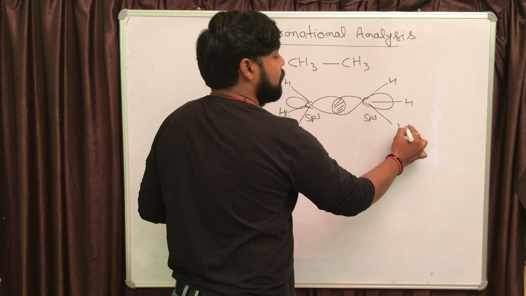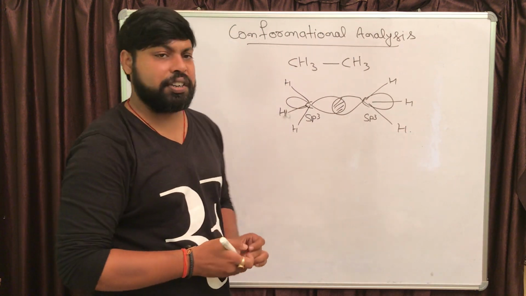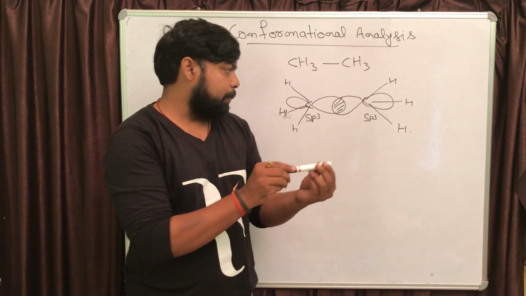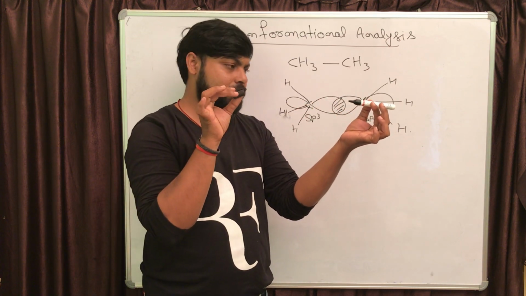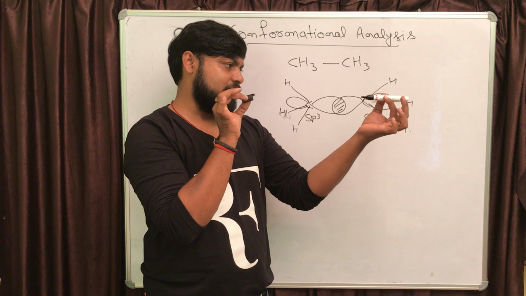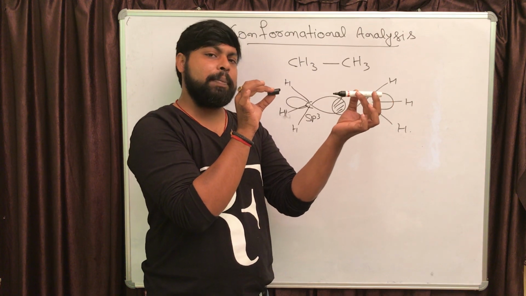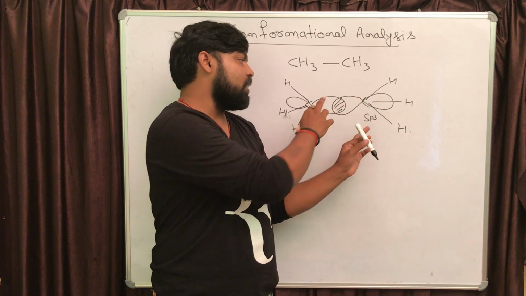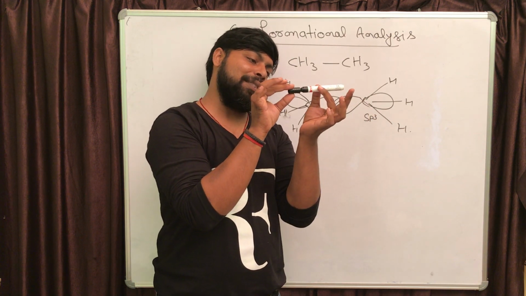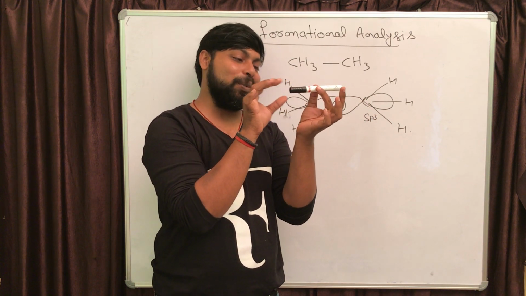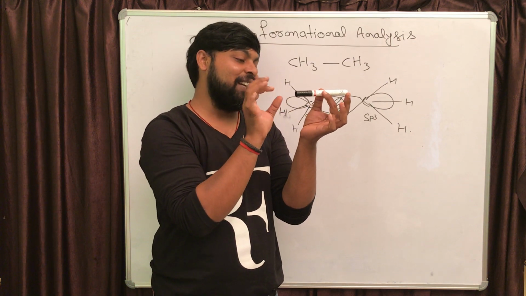What do I mean by free rotation is possible? Let's say this is the first carbon atom and this is the second carbon atom, and overlapping is taking place, meaning there is a common space of two orbitals.